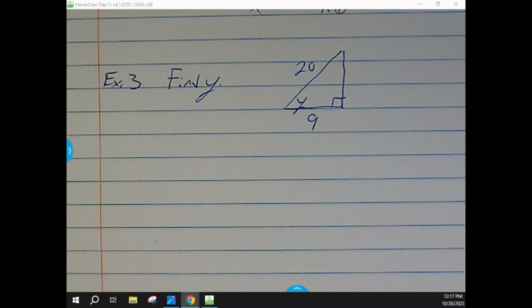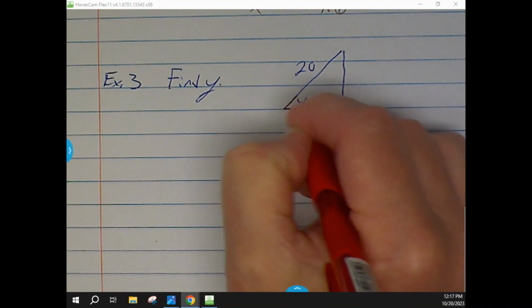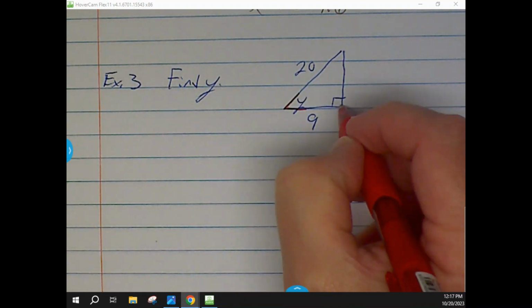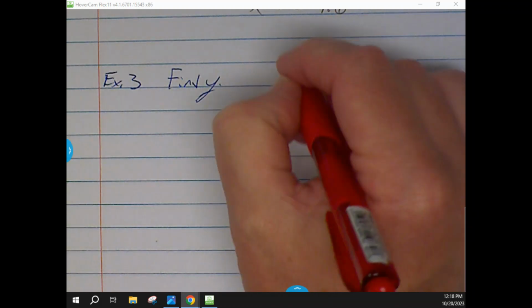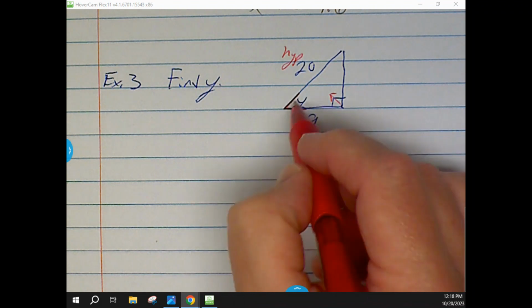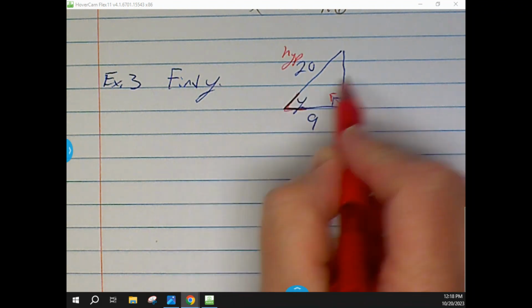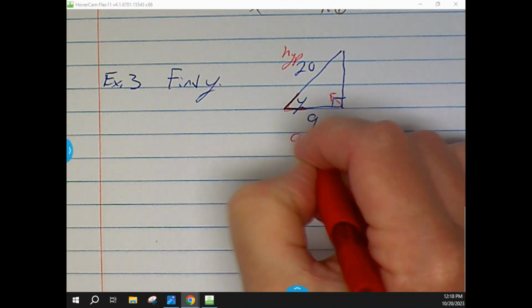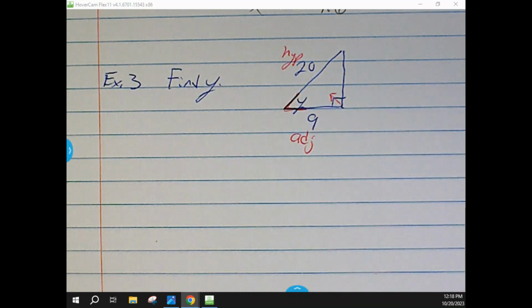Again, you've got to label everything based on what they're giving to you. They're giving us this angle, which is angle y. And again, if you draw through the right angle, this always points to the hypotenuse, so that's the hypotenuse. And since we're standing in this corner, this would be the opposite side, so that 9 has to be the adjacent side.